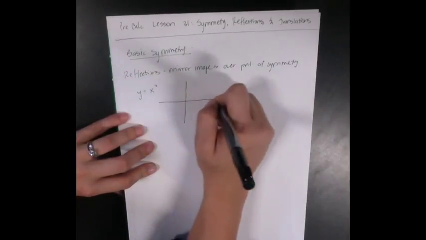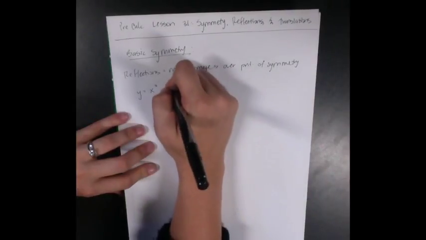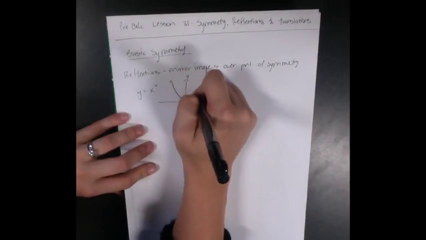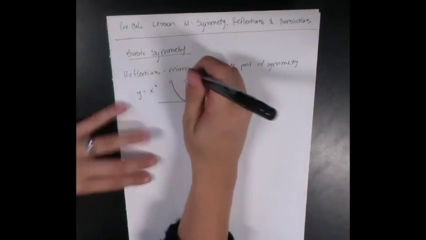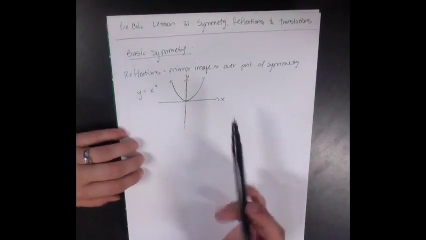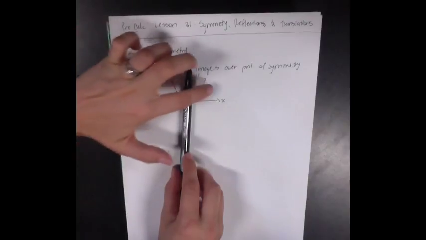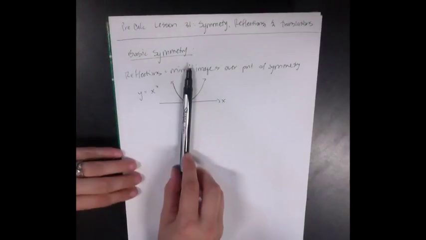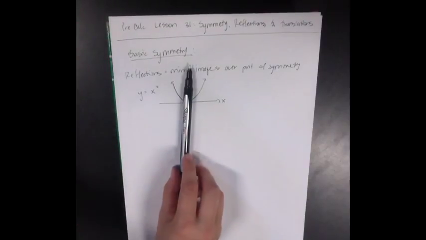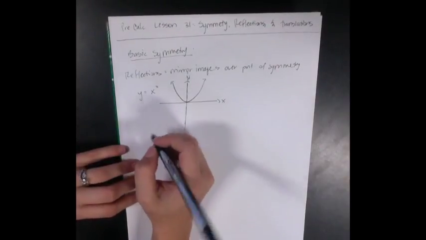If I just draw a sketch of that, that's my x-axis, my y-axis. I know that it's reflected about the y-axis, meaning if I was to fold my paper in half along the y-axis, my graph would exactly fold on top of itself. That is a reflection.